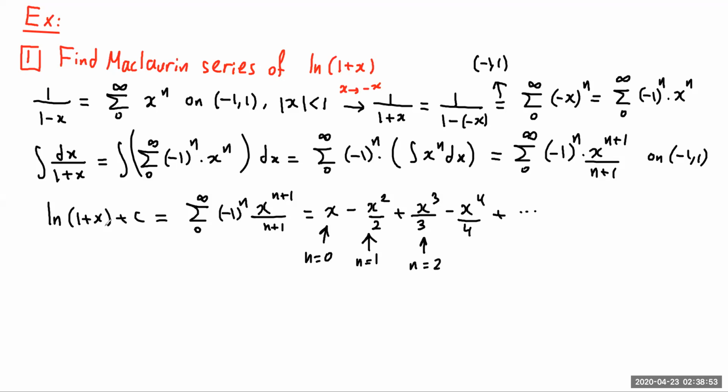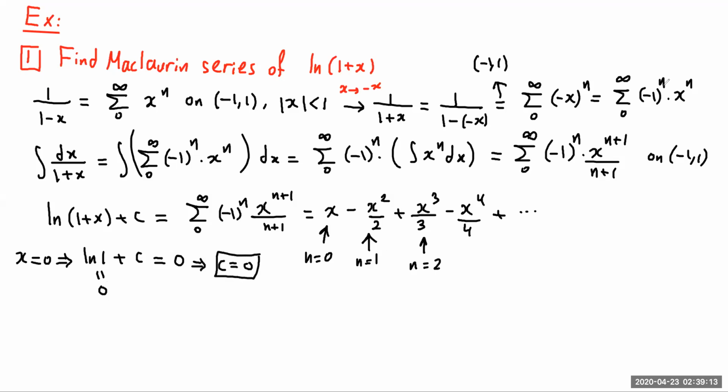Now, if I give x 0, I will find ln(1) plus c equals 0, because here each term is 0. So ln(1) is 0, so the constant c is 0.